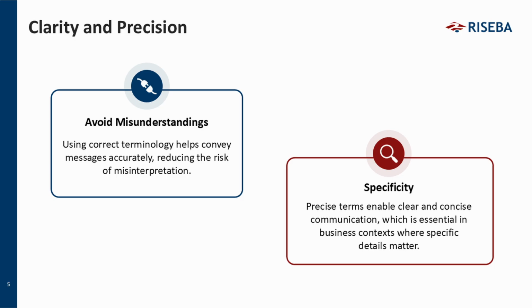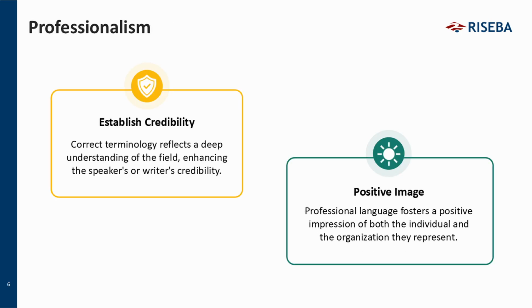Precise terms enable clear and concise communication, which is essential in business context where specific details matter. So the next point is professionalism. By using proper terminology, it is possible to establish credibility. And it reflects a deep understanding of the field, enhancing the speaker's or a writer's credibility.